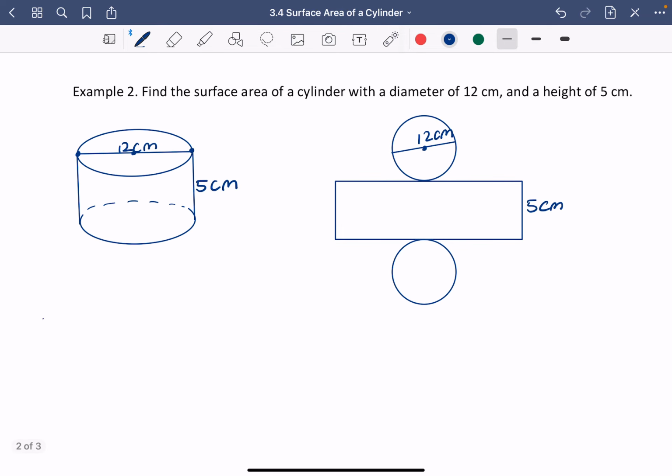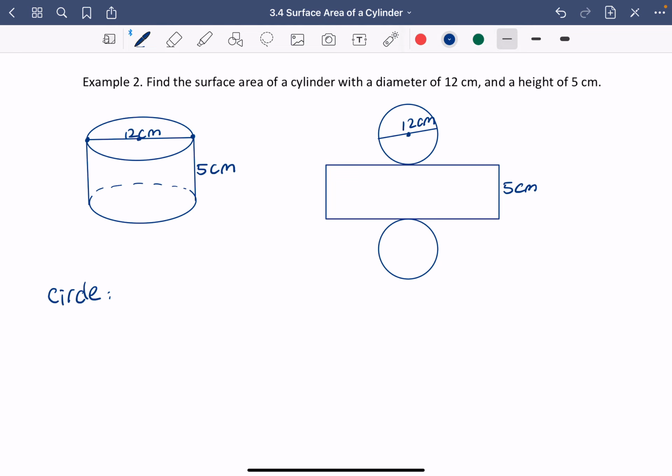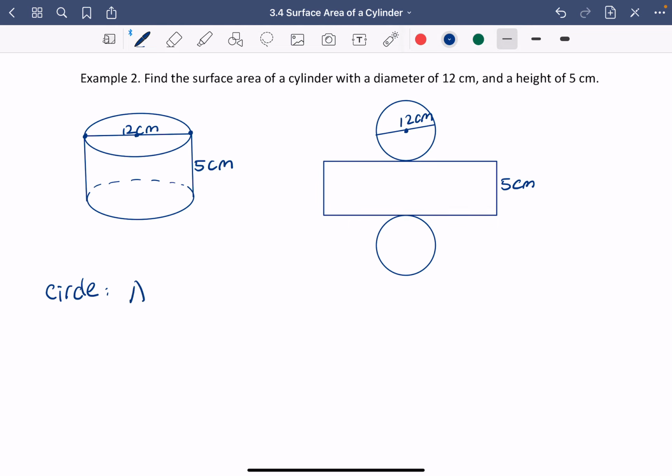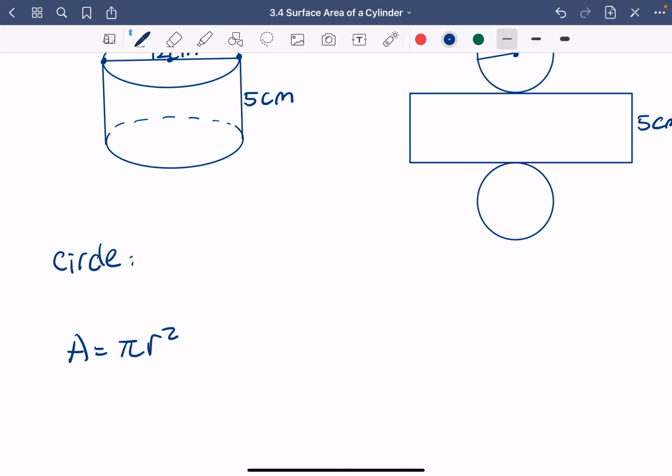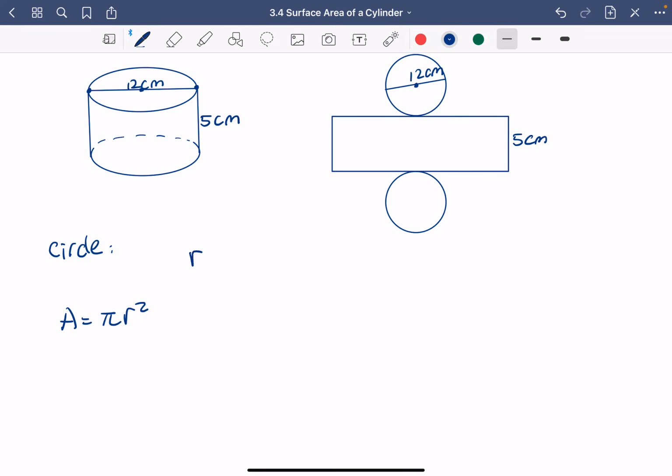So let's find the area of the circles first. To find the area of a circle, remember it's pi r squared. So to find the area, we'll need r. Do we know what r is? Well, we know what d is.